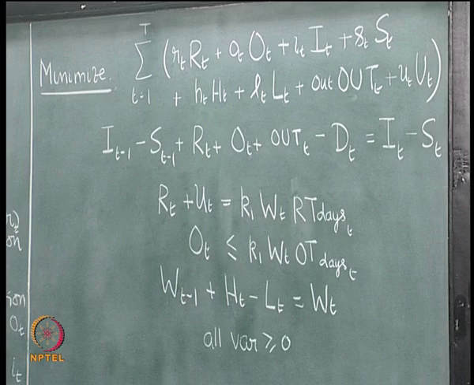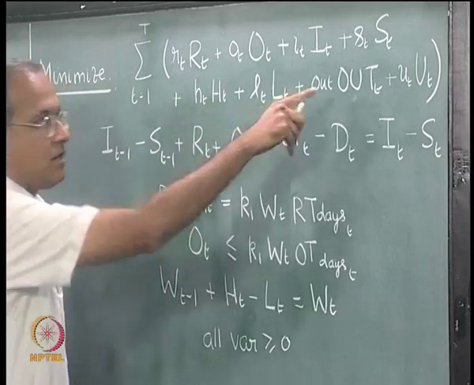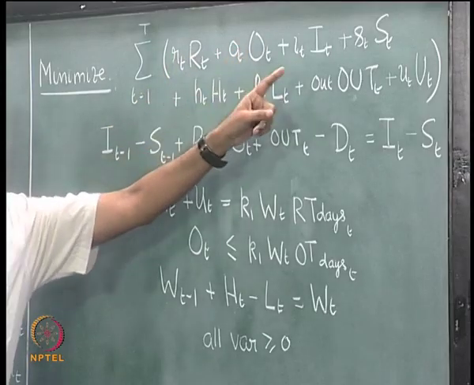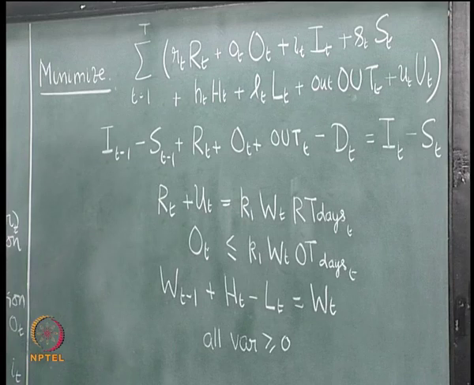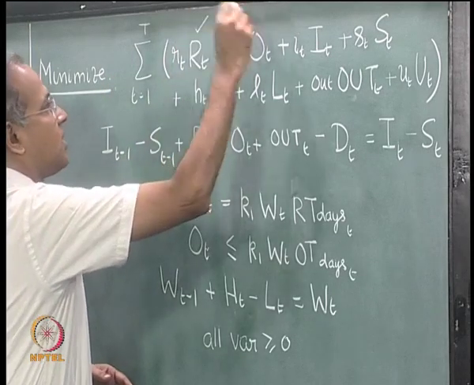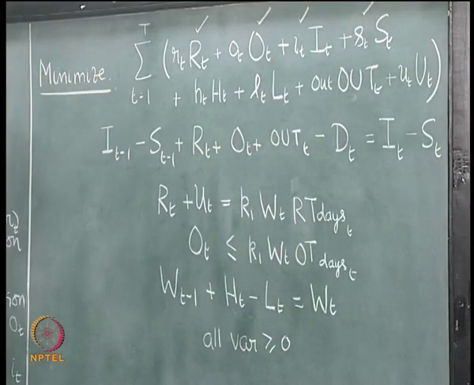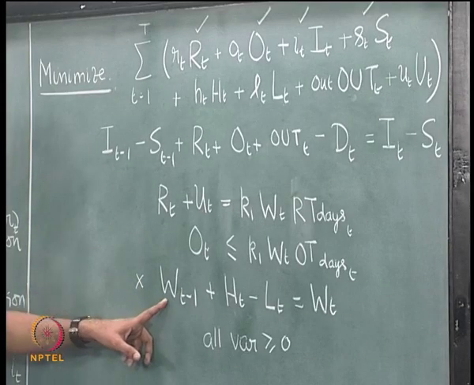Now, in this linear programming formulation, we have modeled all that we saw in the second spreadsheet, where we considered 8 different costs, which included cost of inventory, regular time, overtime, inventory, shortage, hiring, laying off, outsourcing and underutilization. Now, if we were to model the first spreadsheet, where we considered only 4 costs, regular time cost, overtime cost, inventory cost and shortage cost, which means we did not have this particular equation where we varied the workforce.